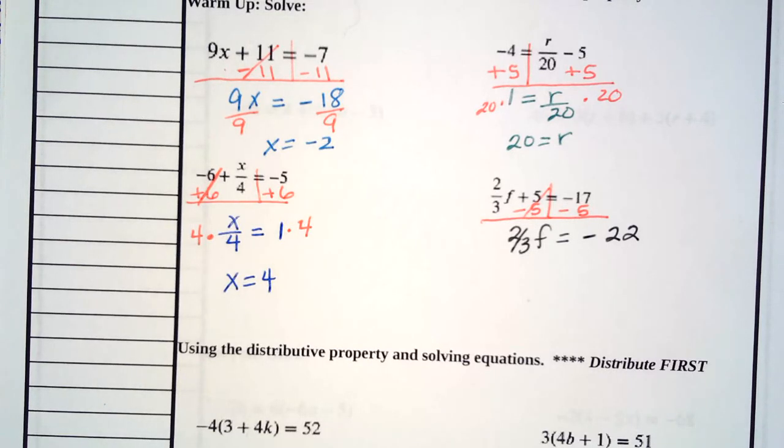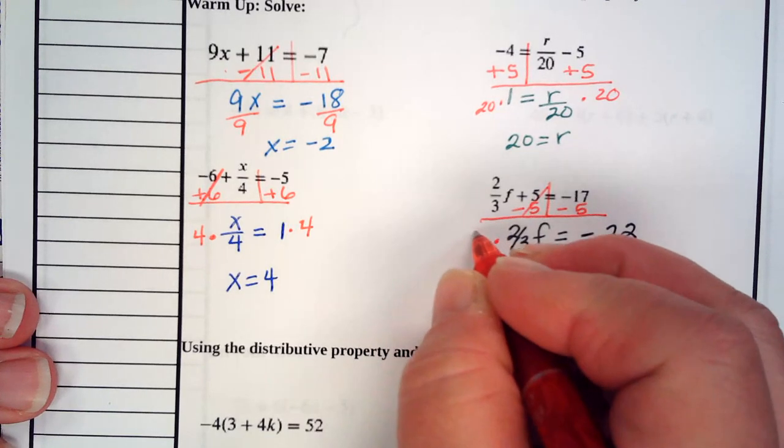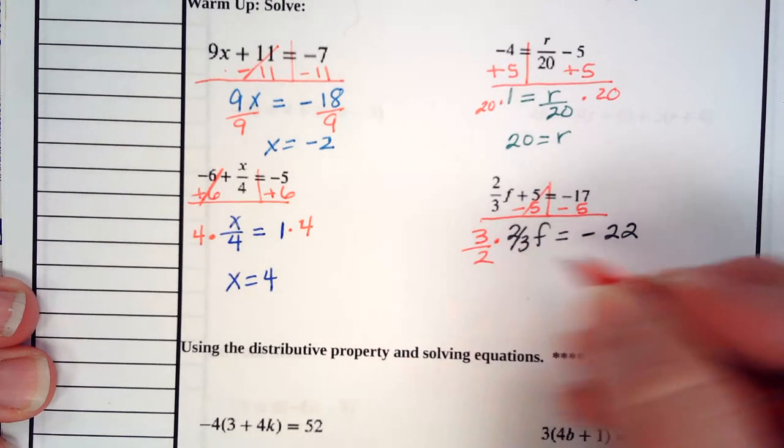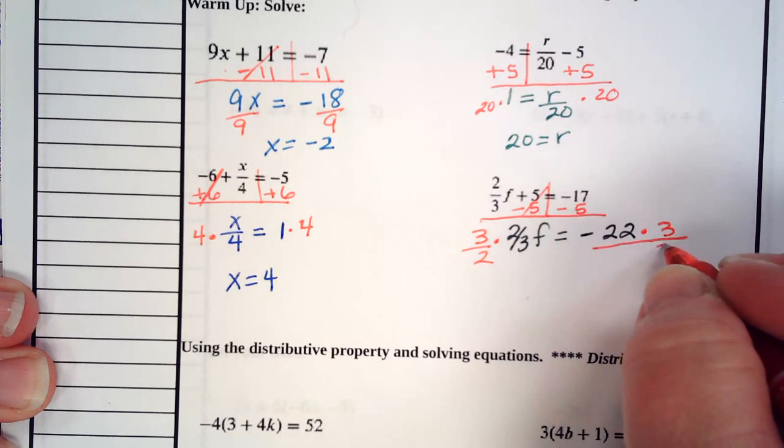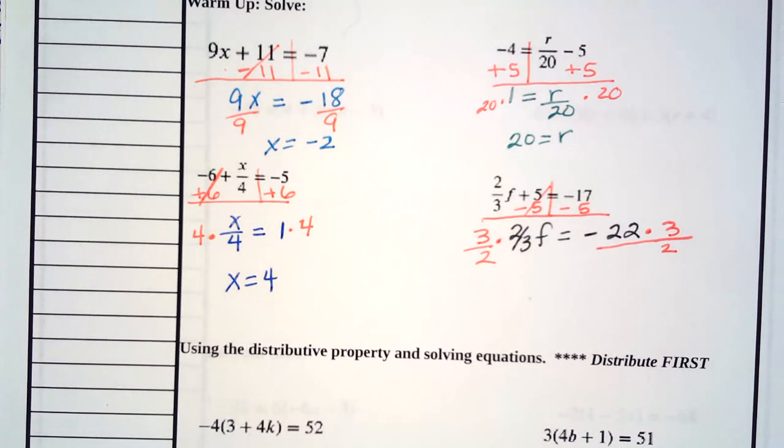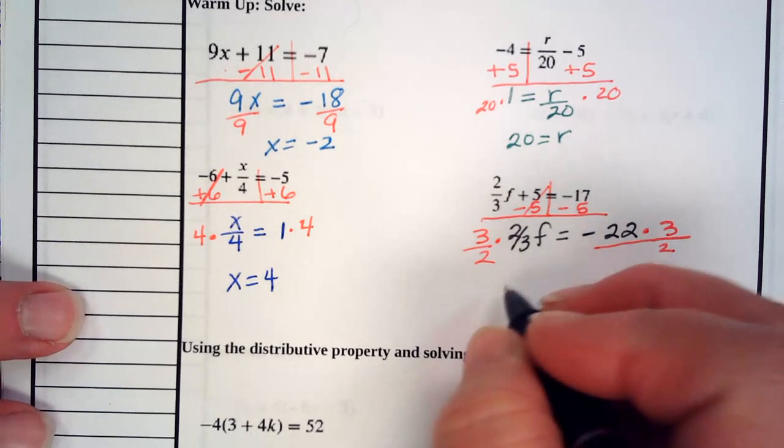Because I want 1f. You multiply by the reciprocal. The reciprocal is where you turn the fraction upside down. 3/2 times 2/3 gives me 1. So I've got f on this side.